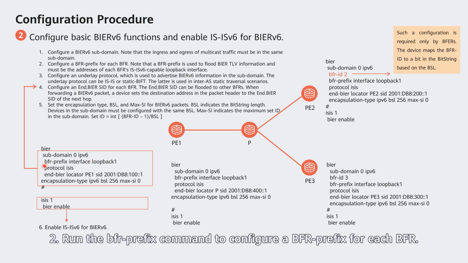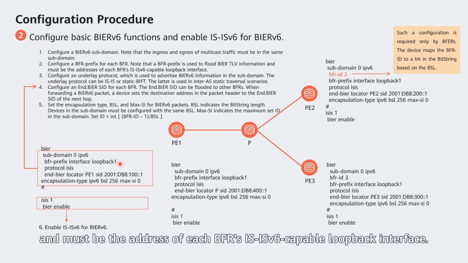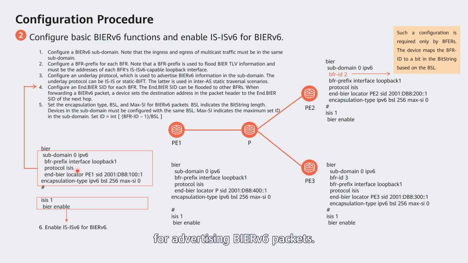Run the BFR prefix command to configure a BFR prefix for each BFR. Note that a BFR prefix is used to flood BIER TLV information and must be the address of each BFR's IS-IS IPv6-capable loopback interface. 3. Run the protocol isis command to set IS-IS as the underlay protocol for advertising BIERv6 packets.